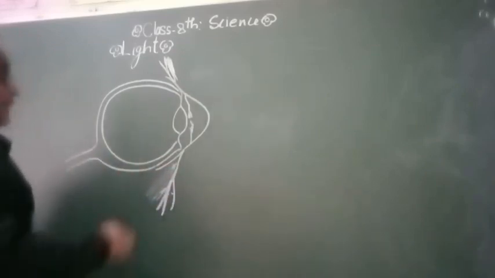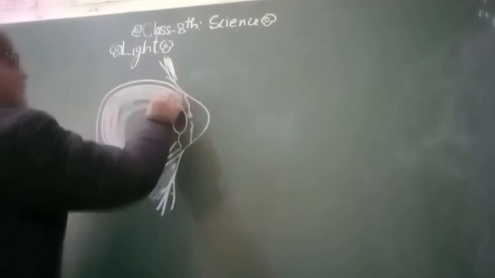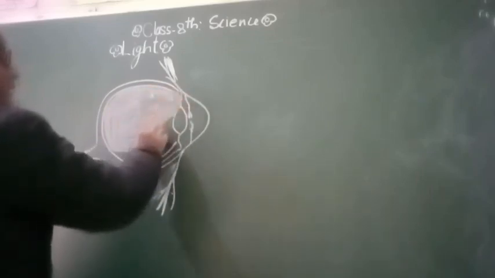My dear students, this is the structure of the human eye, and it consists of the lens, pupil, ciliary muscles, retina, cornea, and so many things that you will see in this diagram.